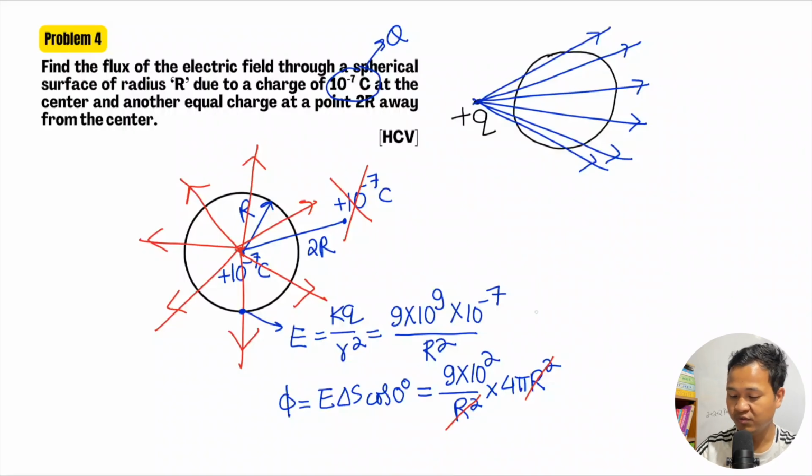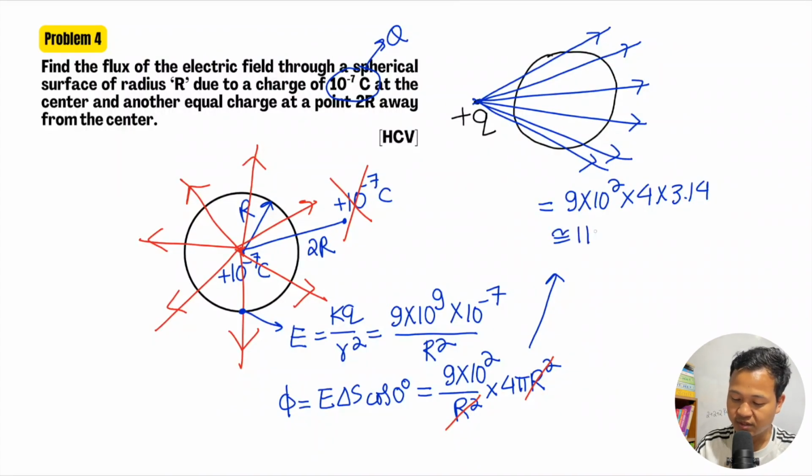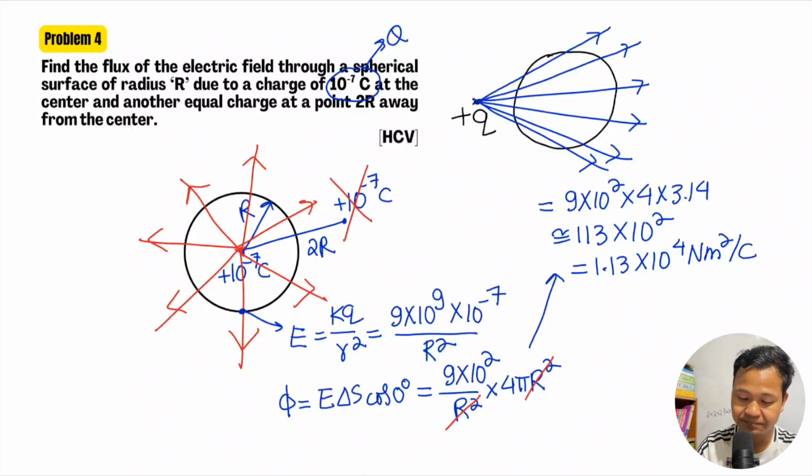Remaining is pi, put the values and solve: 9 into 10 power 2 into 4 into 3.14. If you solve this you'll get approximately 113 into 10 power 2, that is 1.13 into 10 power 4 newton meter square per coulomb, the flux.